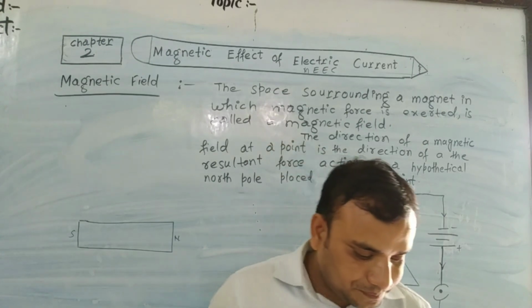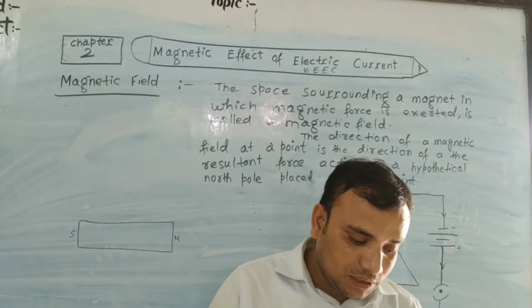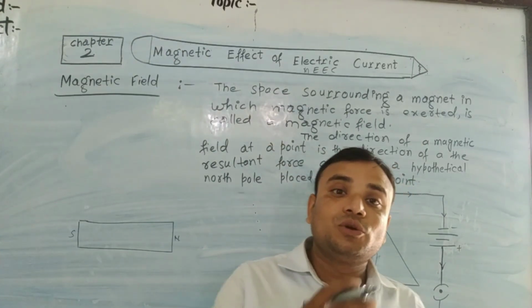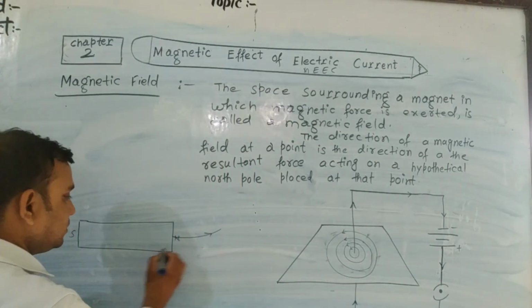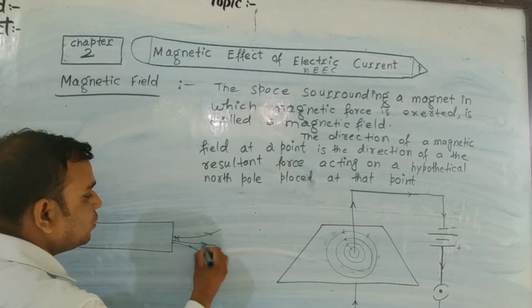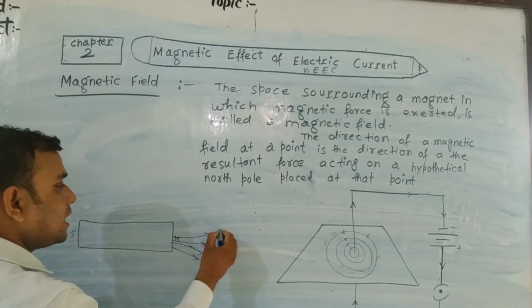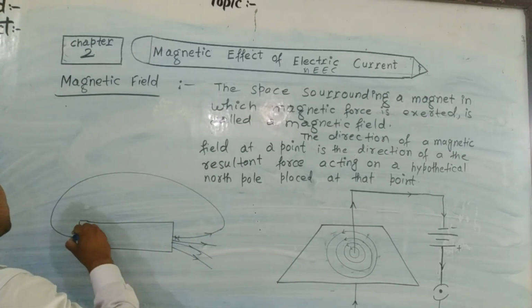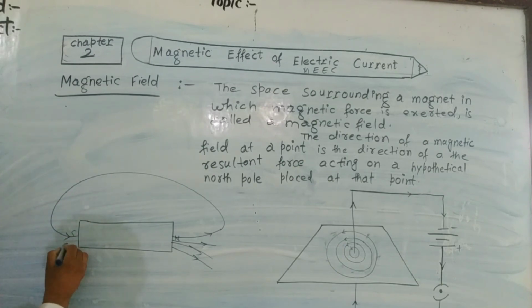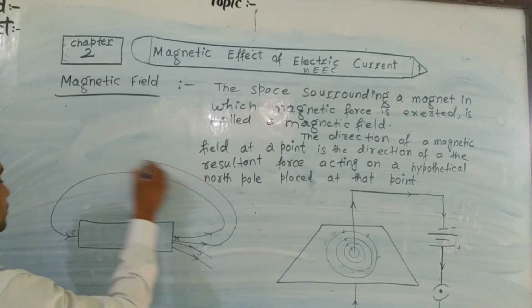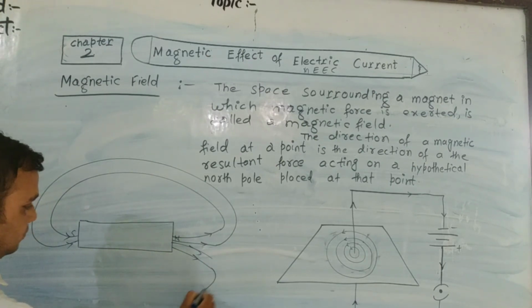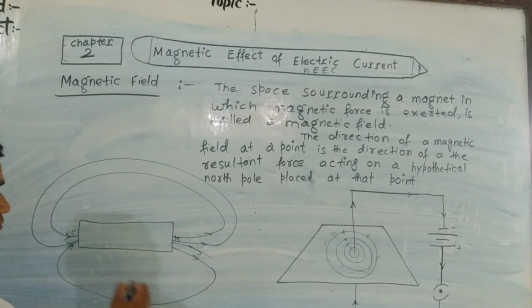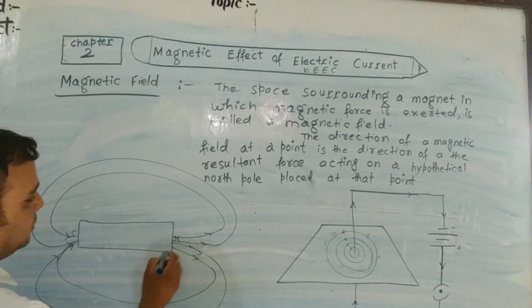Dear student, the magnetic field lines always begin from the north pole, start from the north pole and end at the south pole. This type.